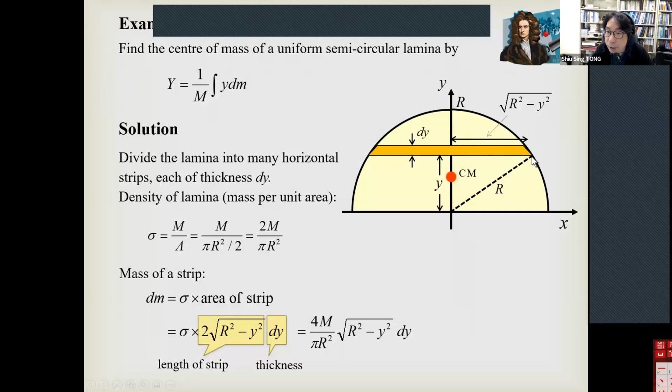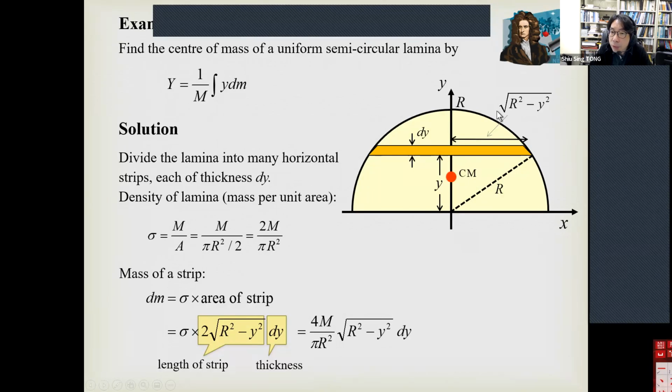It says this length, the opposite side, is the square root of the hypotenuse r squared minus y squared, where y is the length of the adjacent side. So this length is the square root of R squared minus y squared.